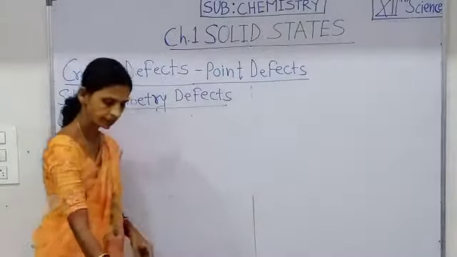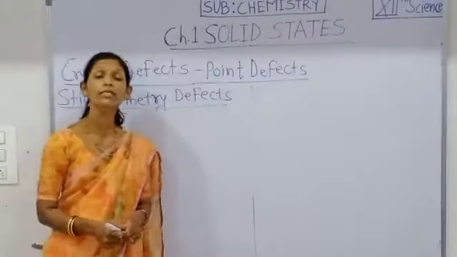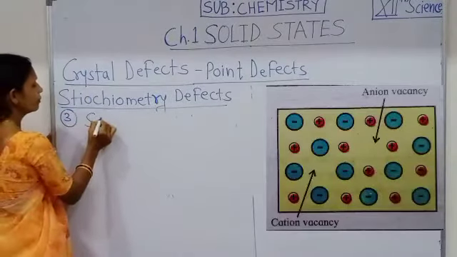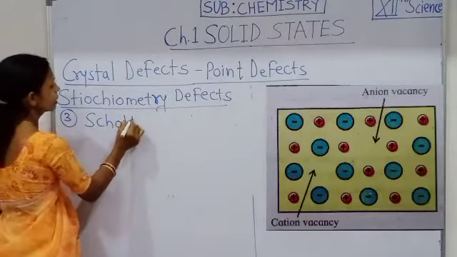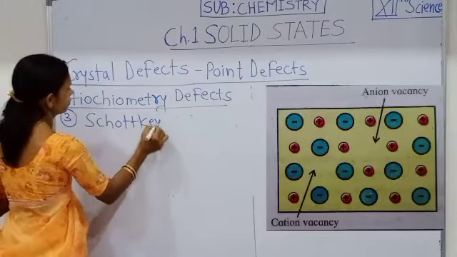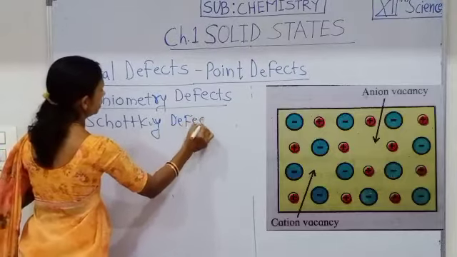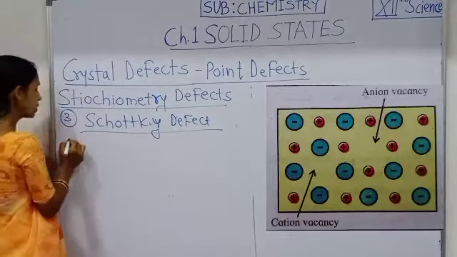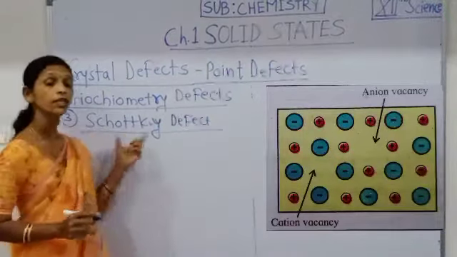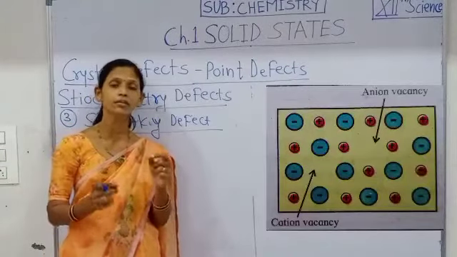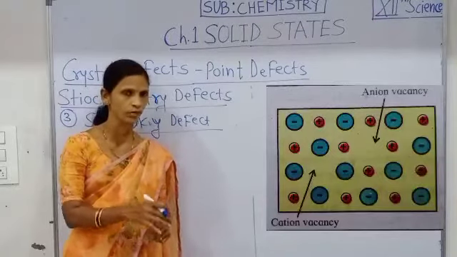Frenkel defect. Then we will discuss the next type of defect, that is Schottky defect. See here, this type of defect is created in ionic solids or ionic compounds.